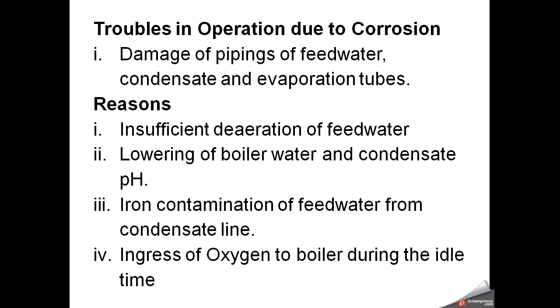And ingress of oxygen to the boiler during idle time. When the plant is in outage or shutdown state and the lines are opened, oxygen ingresses into the system and stays there, and when we start the plant again, this dissolved oxygen starts damaging the system.